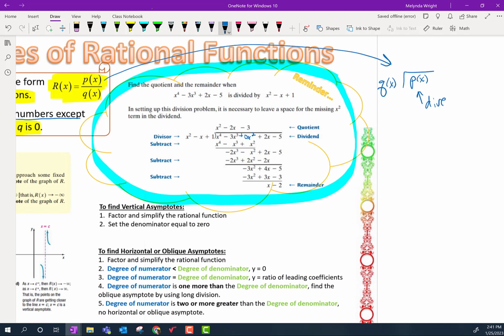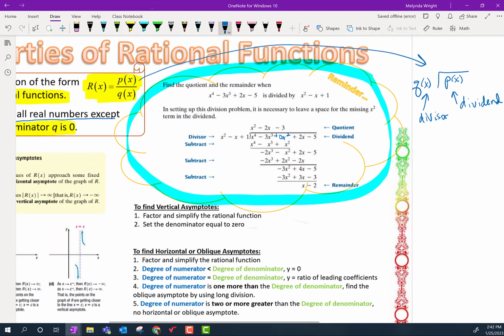We went over those vocabulary words yesterday or a couple of days ago. That's the dividend, and this is the divisor. Just a reminder of the order that you would put them in when you divide. Okay, so that's polynomial long division.